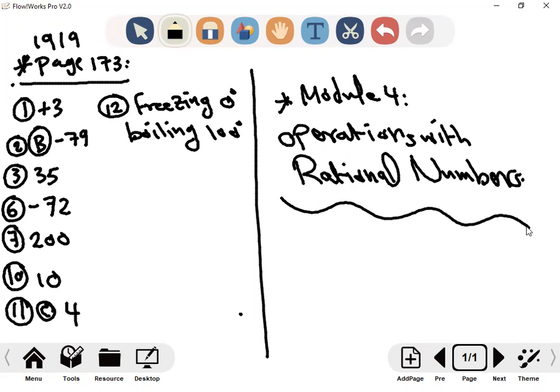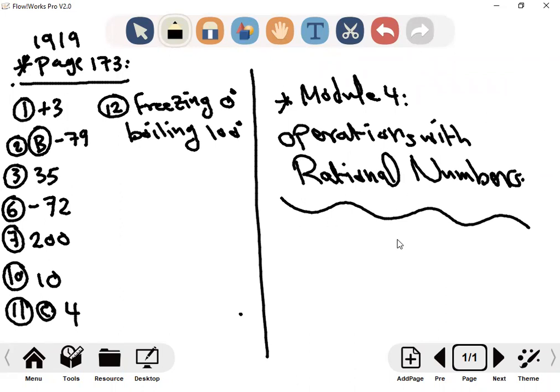Check your answers. Then let's go to module 4 together. Done checking? Right. Let's go to rational numbers, module 4, which we will start.